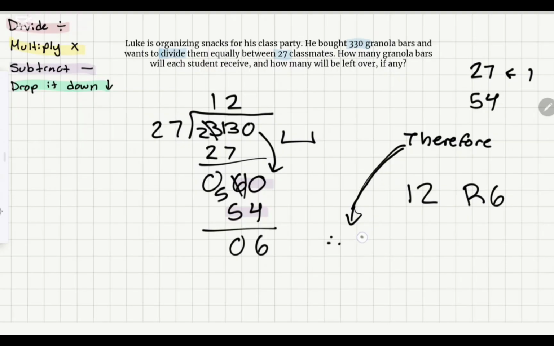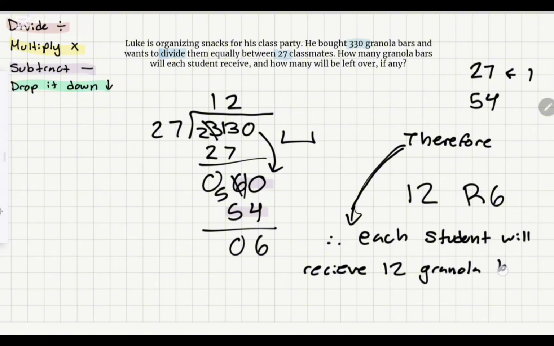Well, I can write, each student will receive 12 granola bars and 6 will be left over. Or there will be 6 remaining. So that is how you do this word problem.